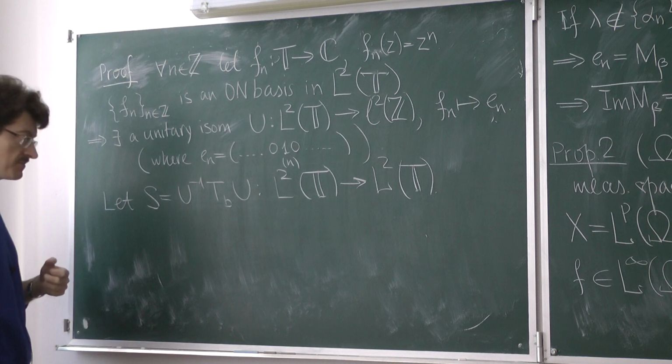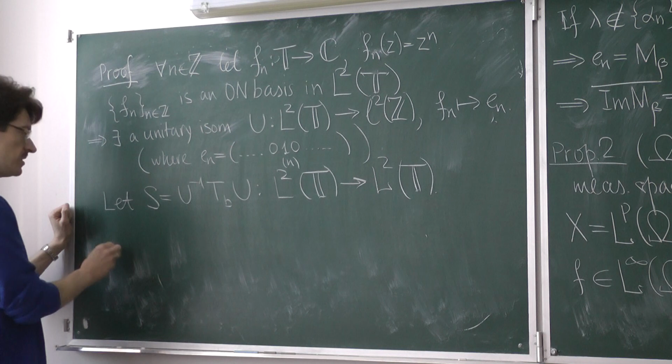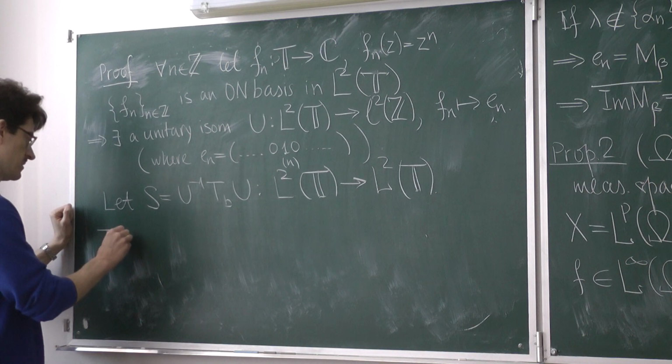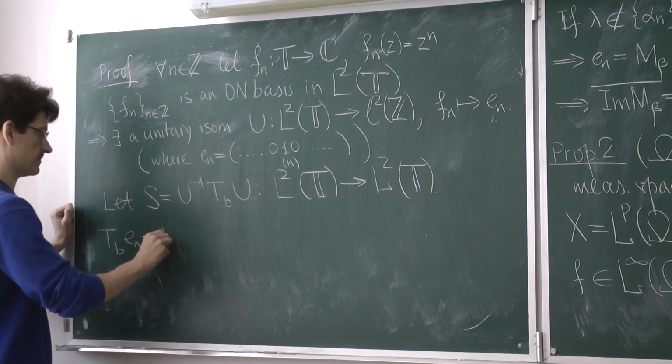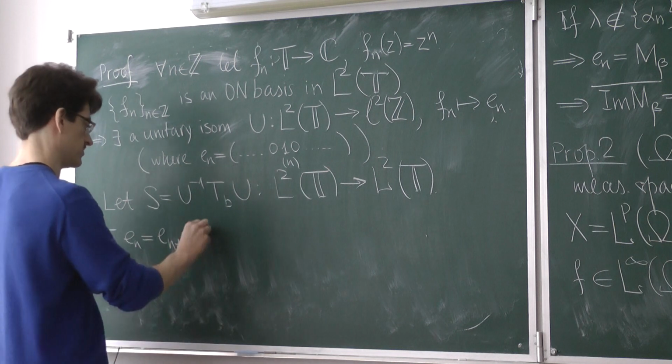But what is S? Well, T is the right shift, essentially. So TB satisfies the following formula. It takes En to En plus 1 for each n.